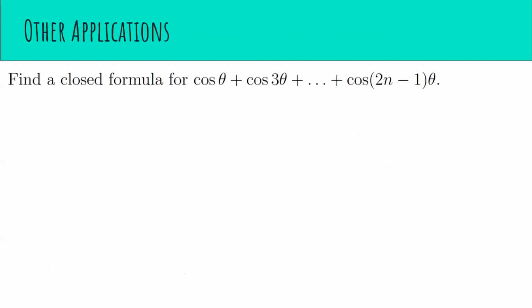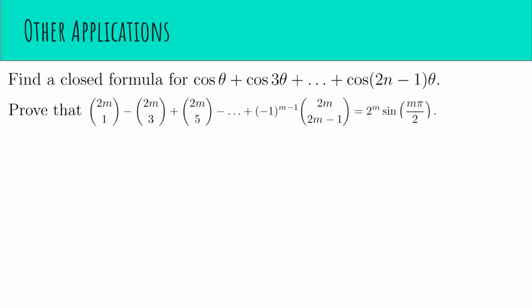Now, what about other applications? Well, for example, you can find a closed formula for cosine theta plus cosine 3 theta plus all the way to cosine of (2n minus 1) theta. Or you can prove this obscure statement about alternating sum of binomial coefficients.